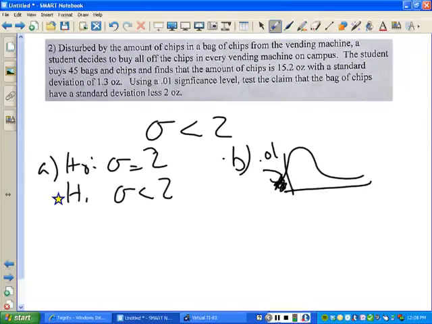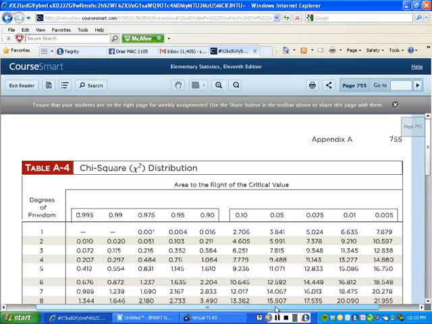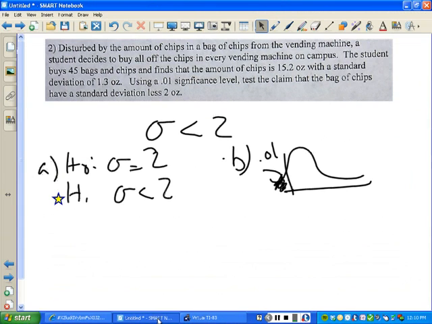All right, so going to the chart and looking at the chi-square chart, here's the thing you have to understand about this chart, and it's confusing at best and damn near impossible at worst. The chi-square chart is broken up into 2 pieces.